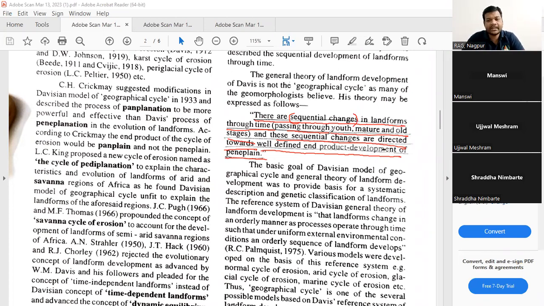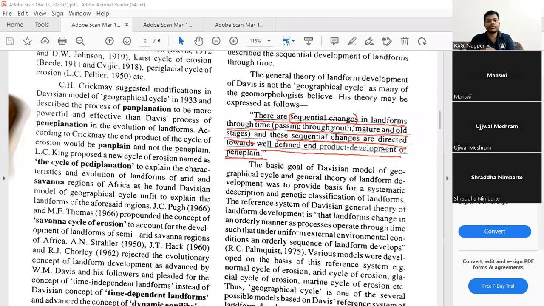It is not like first the youth stage, then the old stage, then the mature stage, or the other way around. This shall not occur. There should be a sequence: youth, then mature, then old.